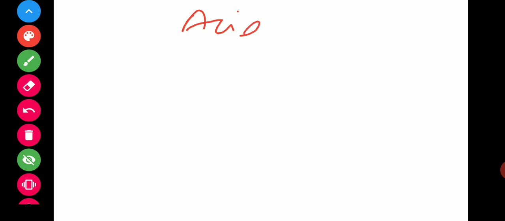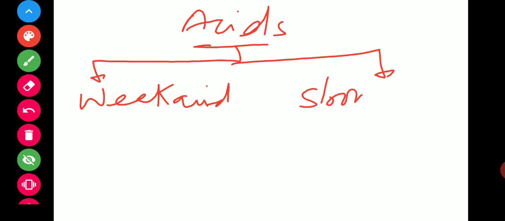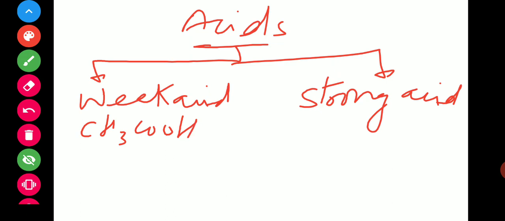Acids are divided into two types. First one is weak acid and second is strong acid. Weak acids are those acids which give very few hydrogen ions, such as acetic acid CH3COOH and carbonic acid H2CO3.